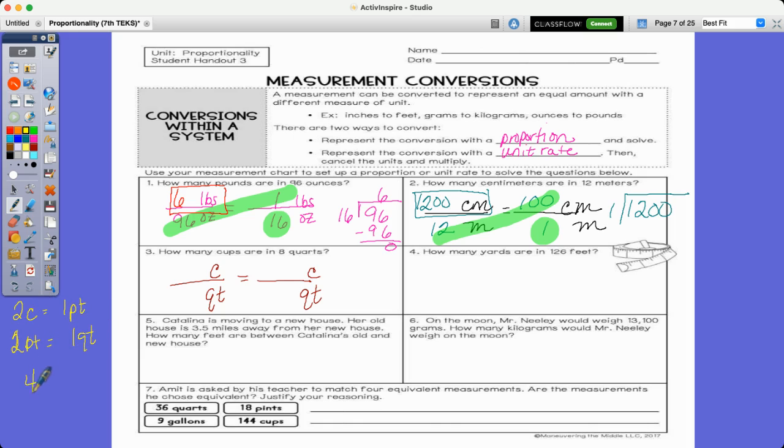So that means there are 4 cups in 1 quart. Over here, I'm going to put 4 cups in 1 quart, and then I'm looking for 8 quarts. Cross multiply and divide, and we get 32 cups.